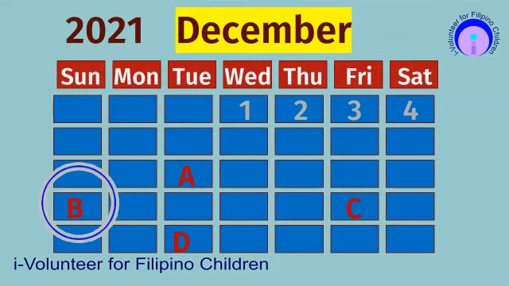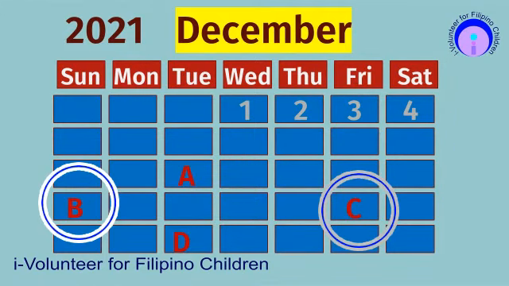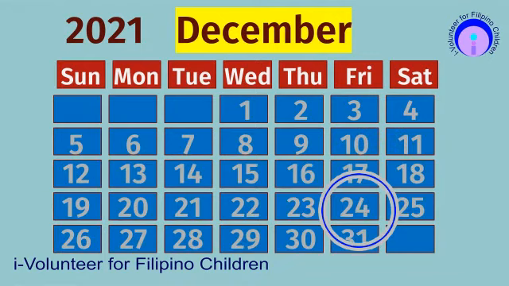In finding B, I would like to start working with A. If A is 14, plus 7 is equal to 21, minus 2 is equal to 19. Therefore, B is 19. In finding C, we have to add 5 days to letter B. Therefore, 19 plus 5 is equal to December 24.